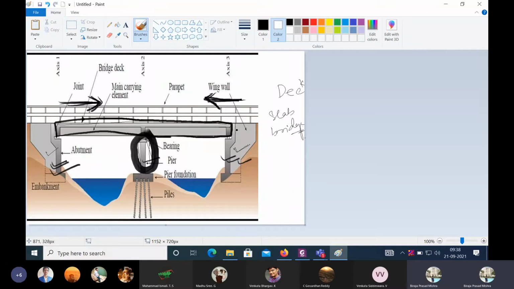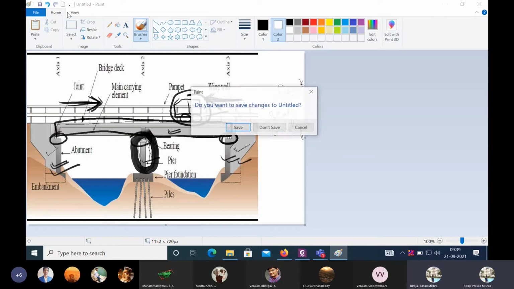Let us say we have a vehicle over here. I beg your pardon, my drawing is very poor. Let us say this is a vehicle which is going. This structure transfers the load of this vehicle and the dead load of the structure through the bearings.